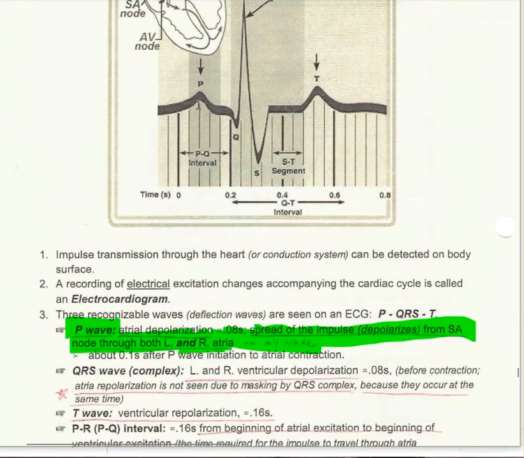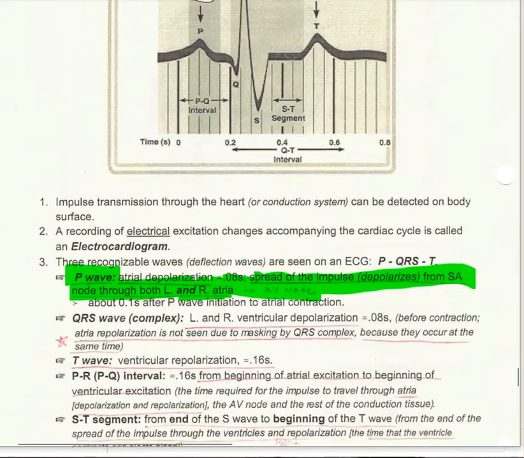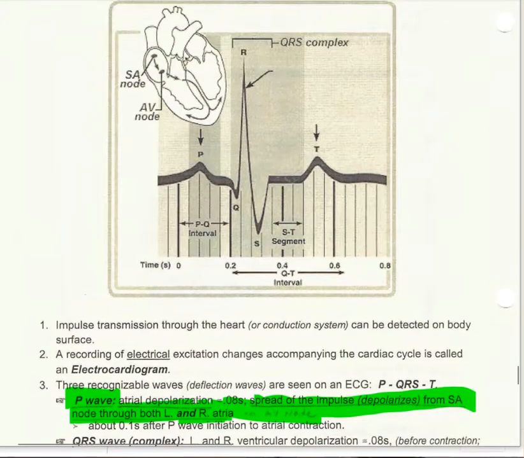That's just because it takes time for the electrical impulse to go into the cardiac muscle to cause actin and myosin to come together and start to shorten. So the P wave is the impulse going over, and shortly after that, the atrial contraction occurs.